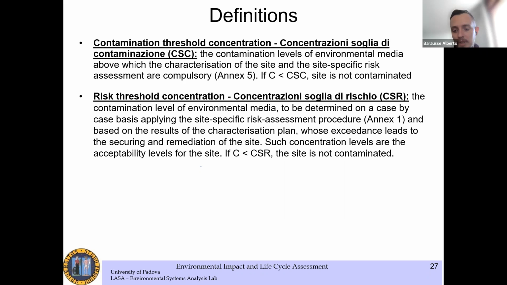So you do modeling, as we'll see in the next slide, using site-specific measurements and parameters, and you determine this CSR, the risk threshold concentration. So the contamination level of your environmental medium, which is site specific, whose exceedance leads to a significant risk for health.